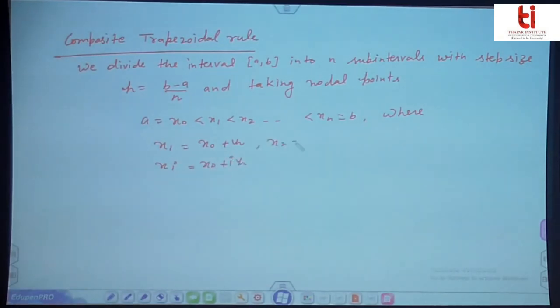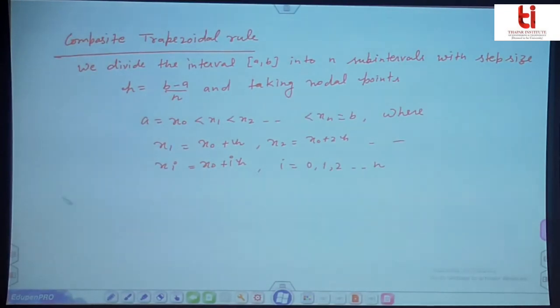We can say x2 is x0 plus 2h and so on. xi can be written as x0 plus ih, where i goes from 0, that is x0, then 1, 2 up to n.